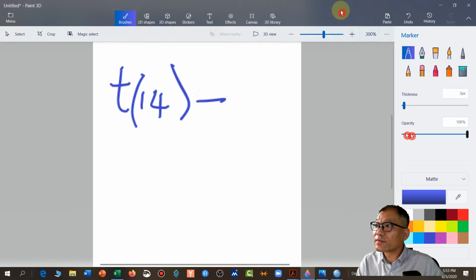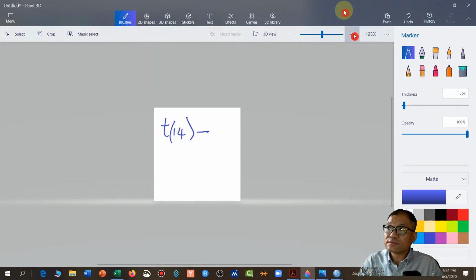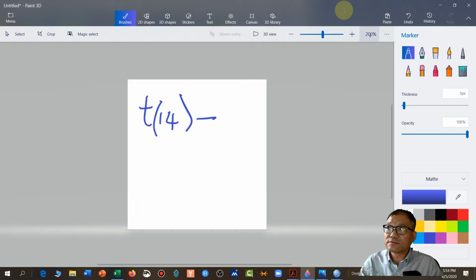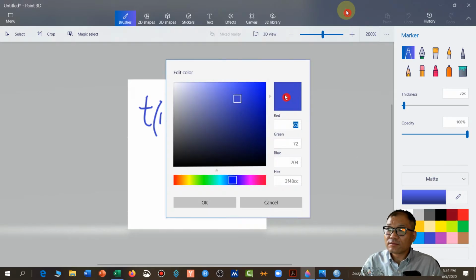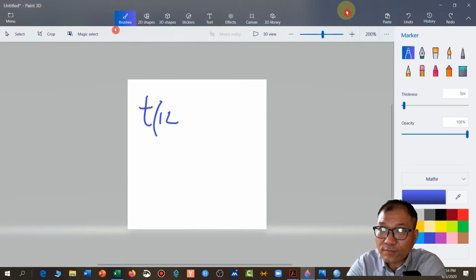Sorry. 14 equals, what we found out is, oh no. Fourteenths equal 5.14.